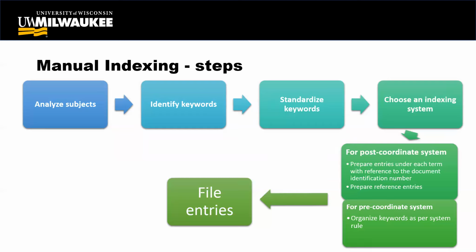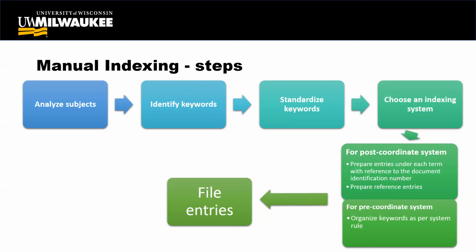But they do not use the words exactly from the documents. Instead, they look for standard keywords, normally in a thesaurus. Then they choose the index system and put the terms into the system. Then the post-coordinated system will prepare an entry for each term.